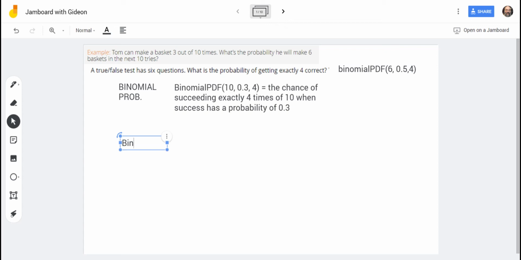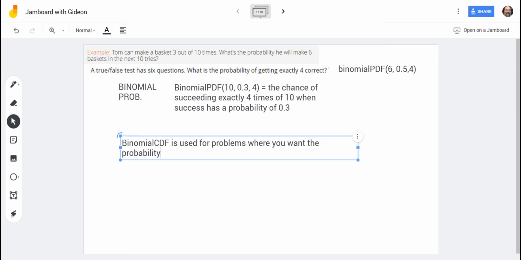So binomial CDF is used for problems where you want the probability of the number of successes or less, right?